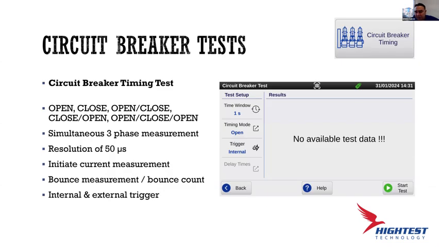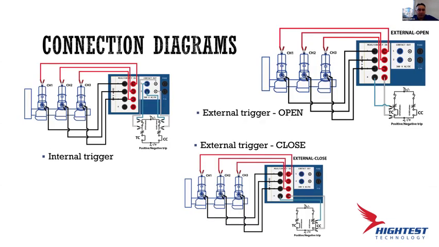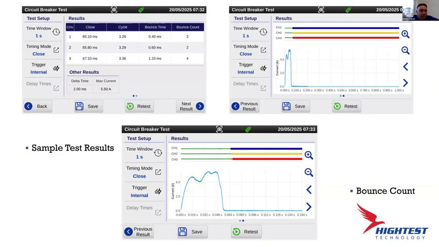Also, you can see a help button here. When you click that section, the device shows you your connection for the internal trigger, external trigger open, and external trigger close side. Basically, it shows you how to do the connection as diagrams.